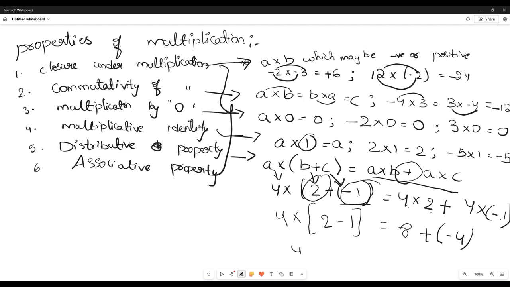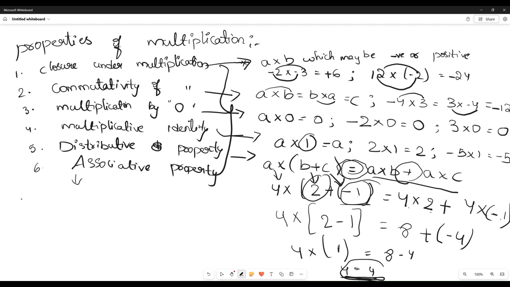Then 4 into 2 minus 1 is 1. 8 plus into minus, minus. What do we get? 4 ones are 4. 8 minus 4 is 4. We got the same answer, right? So it is the distributive property. That's why I wrote equals here.